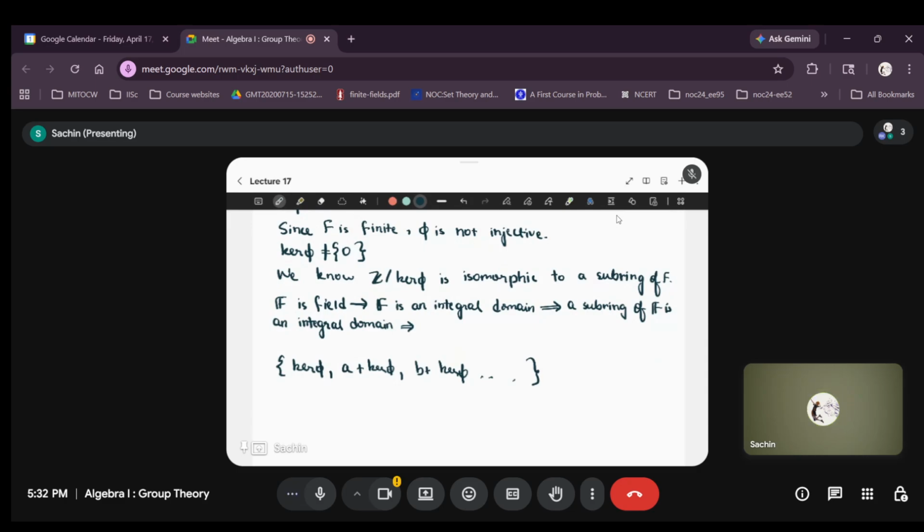Whatever the size of F is, there will be that many unique sets here. The rest of the sets will overlap with one of these. So there will be cardinality of F mutually exclusive cosets, and any other coset would simply be one of these cosets itself. It will completely overlap.